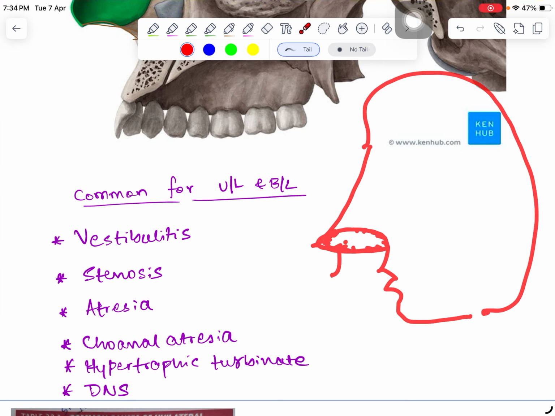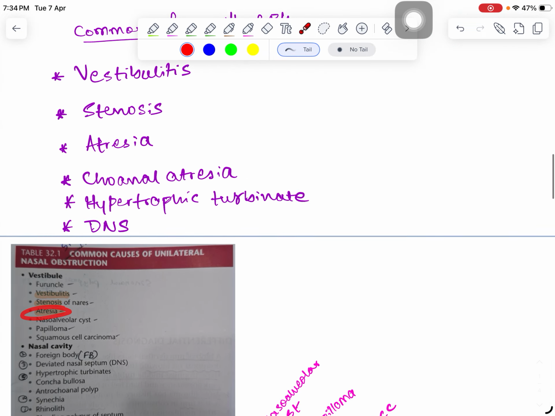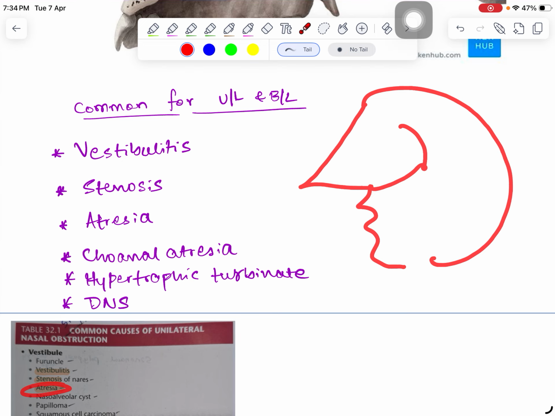Suppose the space here is getting narrower, it is called stenosis. Then if it is completely blocked, it is called atresia. Front end blocked is atresia of the vestibule. Then this is the posterior part here.